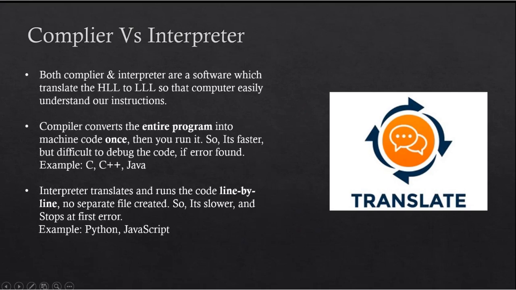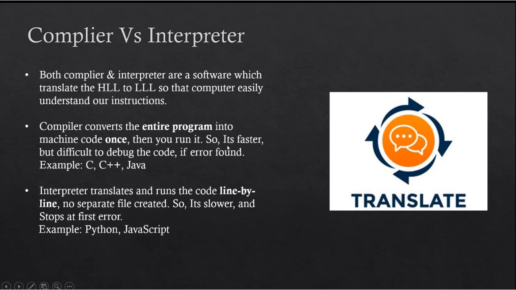The difference between compiler and interpreter: a compiler converts the entire program into machine code once, and then you run it. For example, we have a book. It reads all the book and then gives us the output. So the compiler runs all the code at once and then gives us the output.